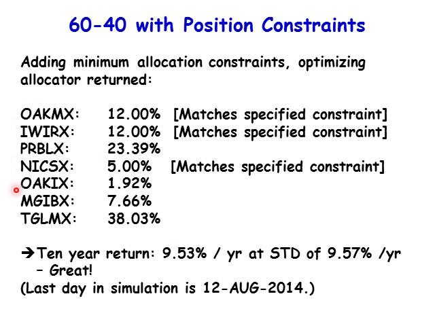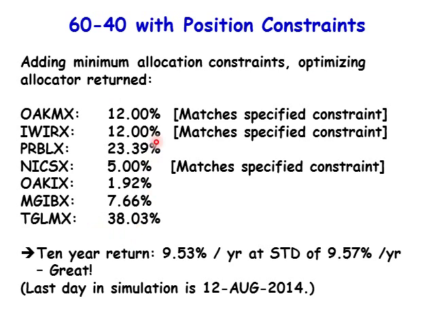So that way I can make it look like more symmetric allocations. Nothing lopsided here. This is Oakmark 12%, IWIRX 12%, and PRBLX 23.39%, so this is almost 24%, and these two are 24%. Similarly, Nucleus fund has a smaller allocation, and I just say give me at least 5%.